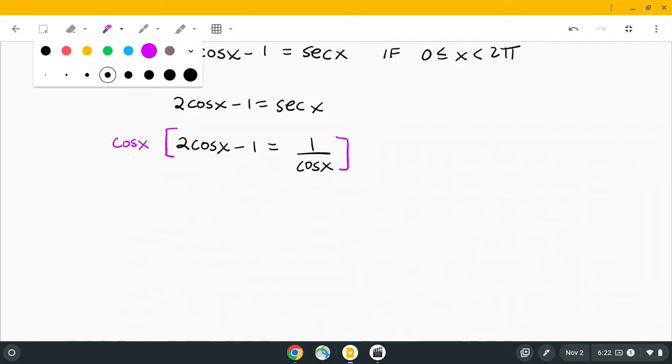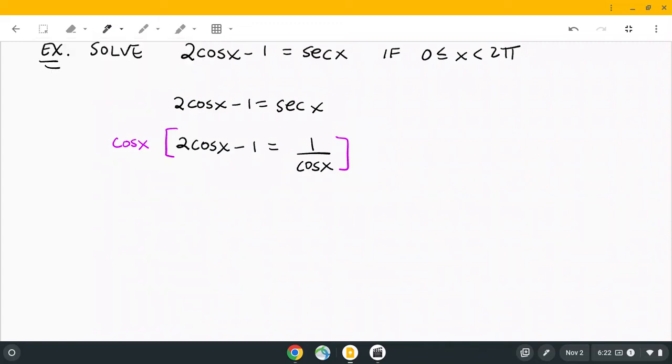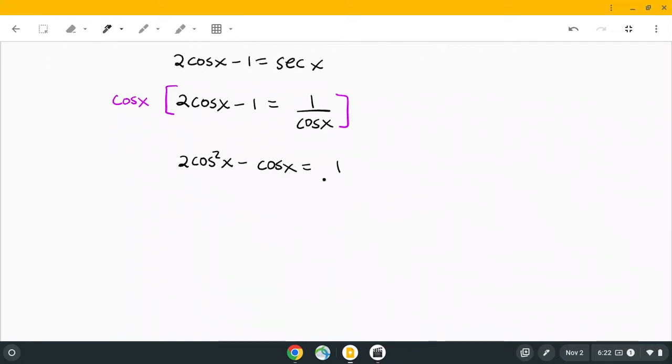Okay, so when I distribute the cosine x, I get 2 cosine squared x minus cosine x, and then over here they cancel, so I get 1. No more fractions. We have a quadratic here, quadratic in form. So I'm going to set this equal to 0. So I'm going to subtract 1 on both sides. And I'll end up with 2 cosine squared x minus cosine x minus 1 equals 0.